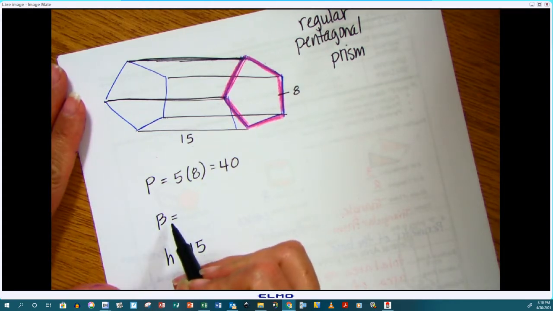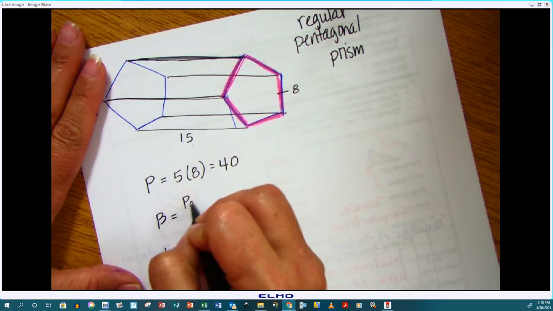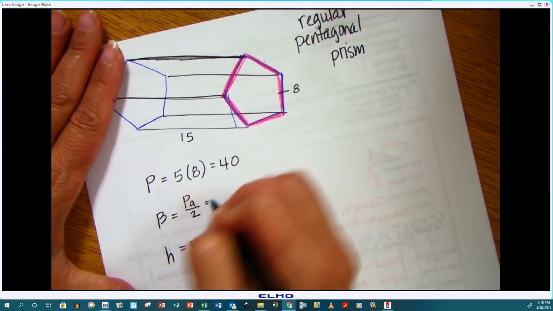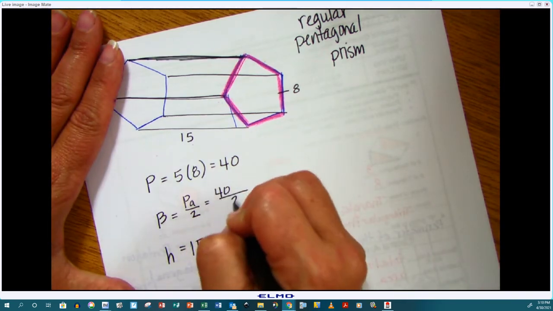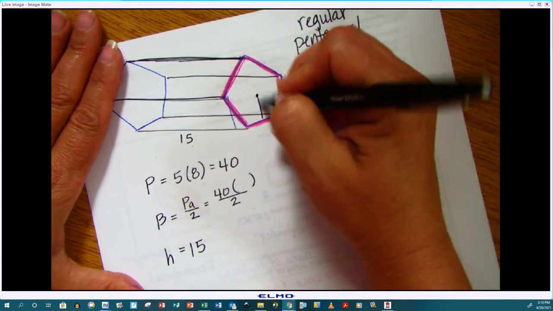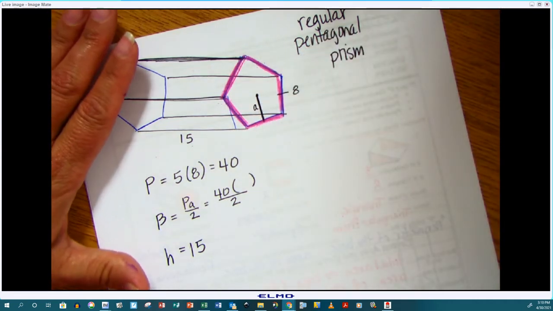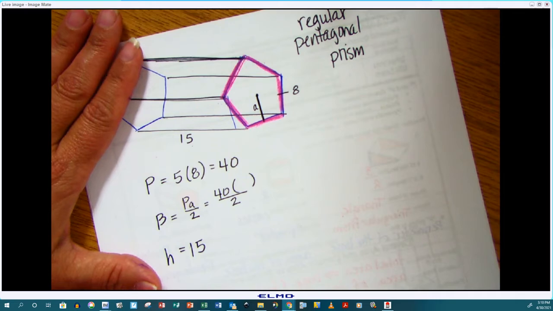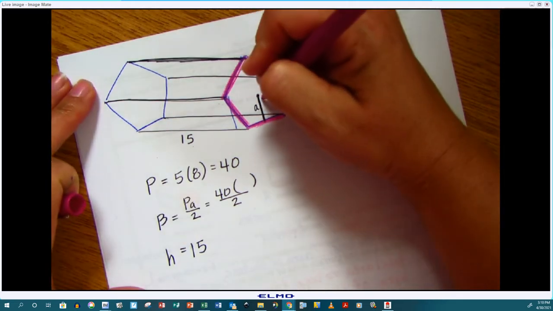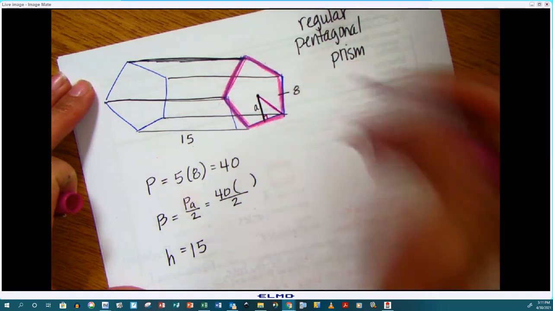What I need to do now is find the area of this pentagon. So that means we have to use perimeter times apothem divided by 2. Well, we just found the perimeter to be 40. So all we need now is this apothem right here. That is your apothem. Okay. So if you will try to recall, if you draw the radius, you get a right triangle in here.